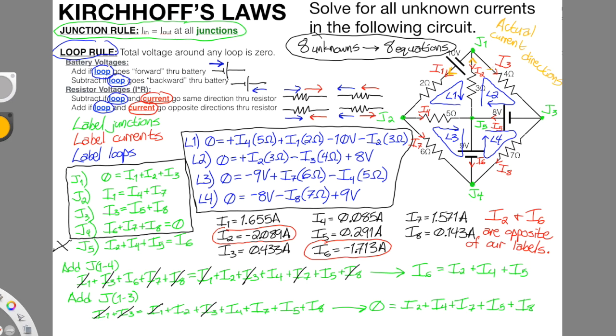I3 was positive, so current really does flow that direction for I3. I4 and I5 were also positive, so it looks like we just happened to pick the correct direction for those currents. But I6 is negative, which means current actually flows up through this section right here, not down like I labeled it to begin with. And I7 and I8 we chose correctly the first time around.